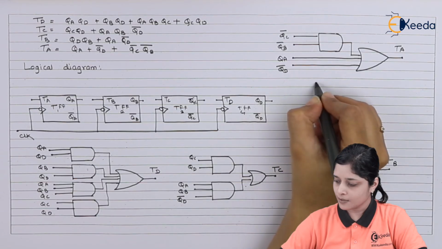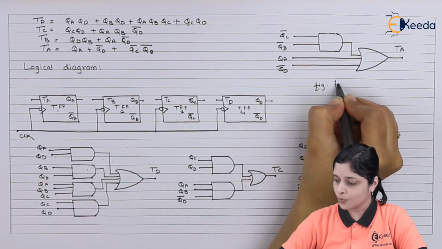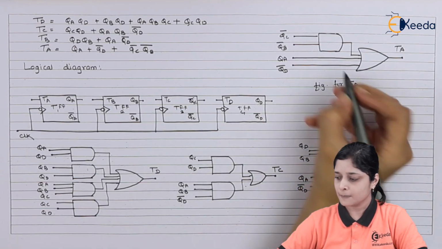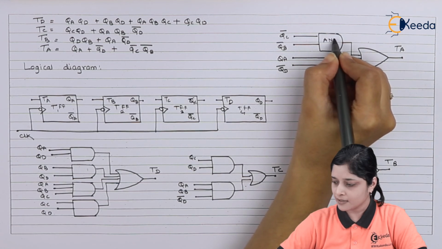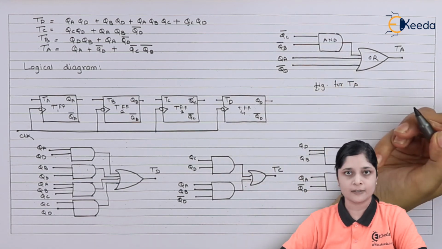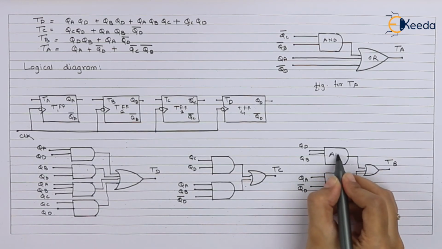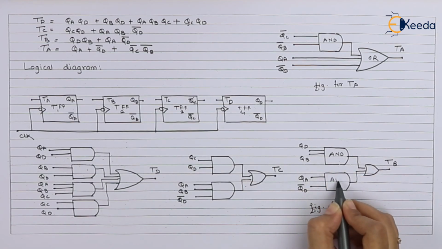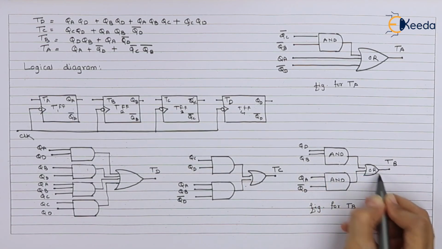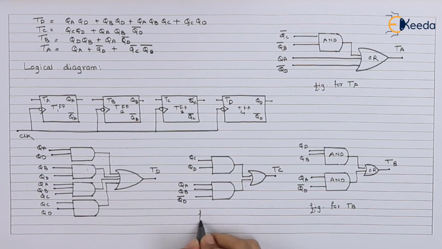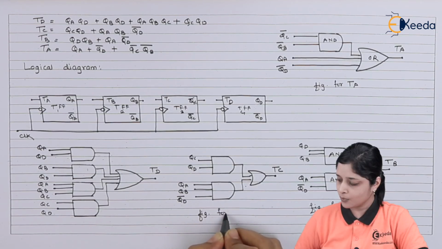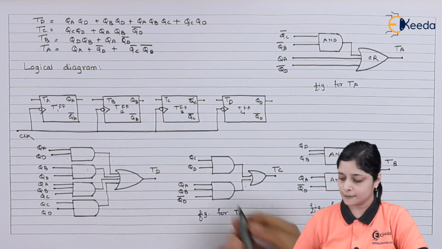This is the figure for TA. This is your AND gate and this is your OR gate. This is the figure for TB. This is your which logical gate? And this becomes your OR. Figure for TC.